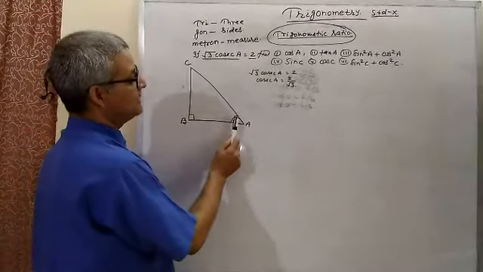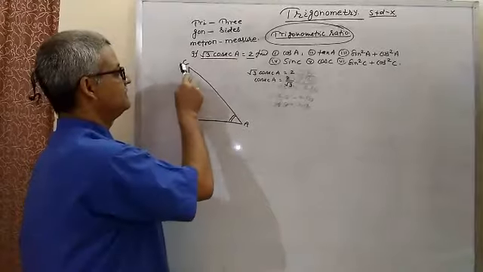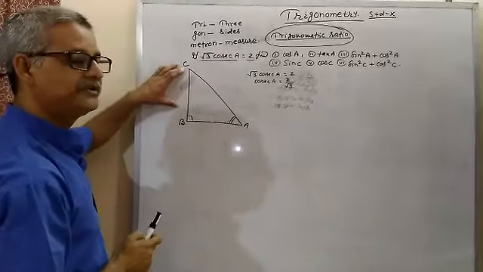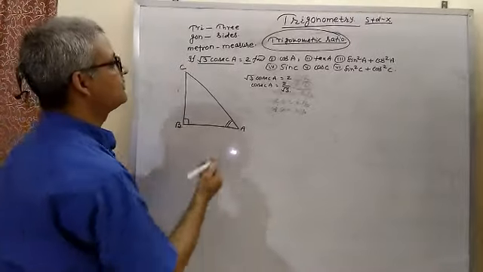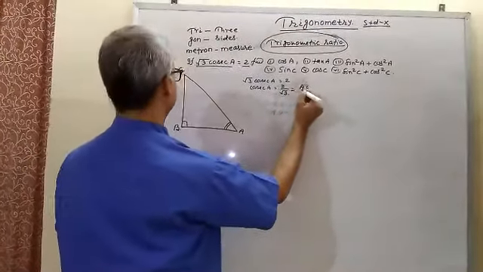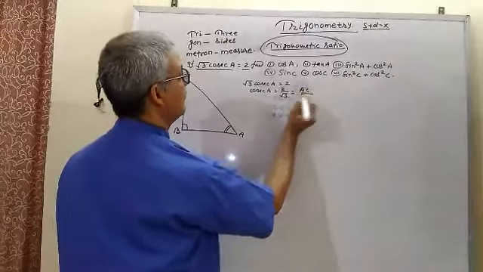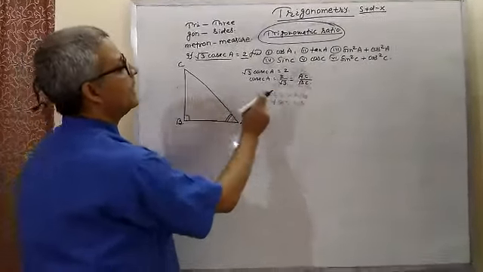Now you observe here, if this angle A is the reference angle, according to that BC will be the perpendicular and AC will be the hypotenuse. So cosec A can be written as AC by BC.